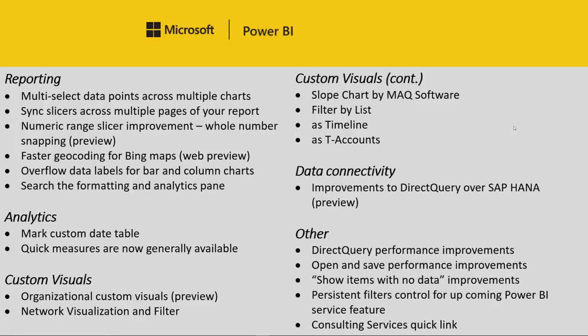Now with this preview feature that we're adding, we're going to treat SAP HANA as if it's a multidimensional source by default, similar to what you would see for SAP BW. This new experience is a preview, so you're going to have to turn it on in the preview features to start using it.